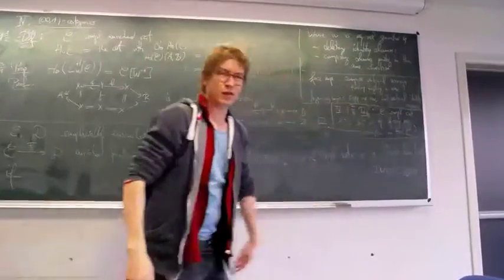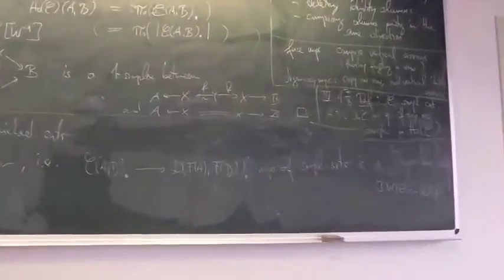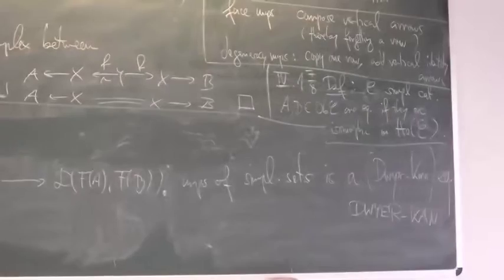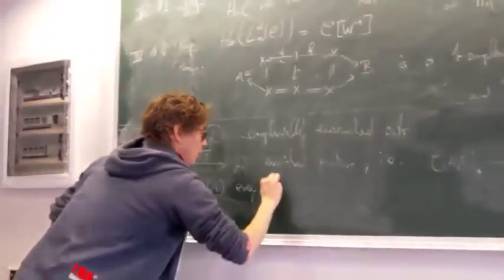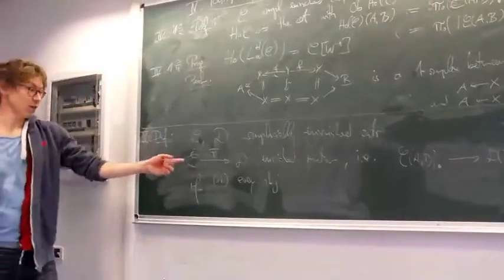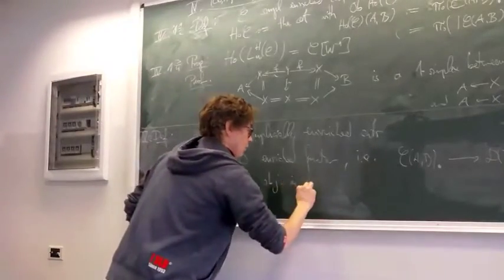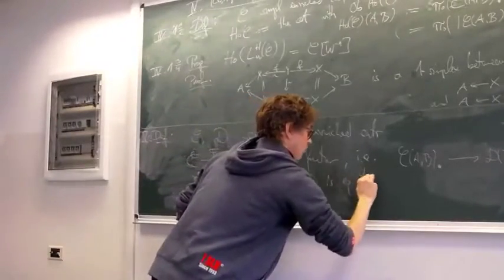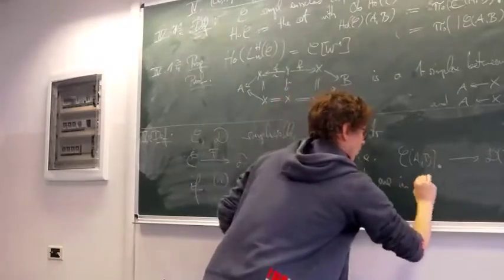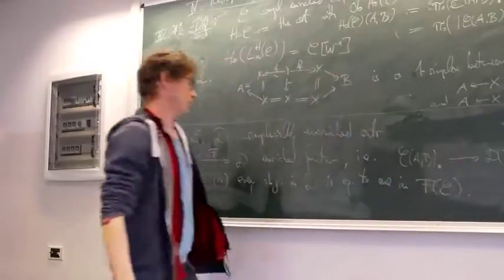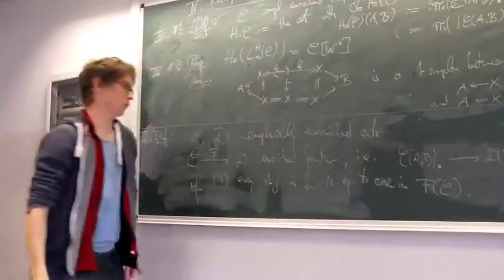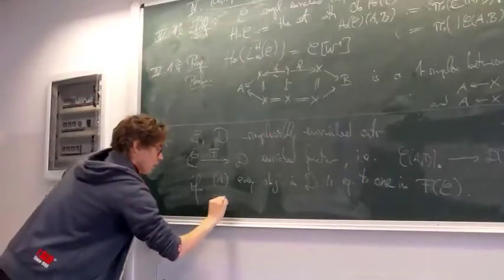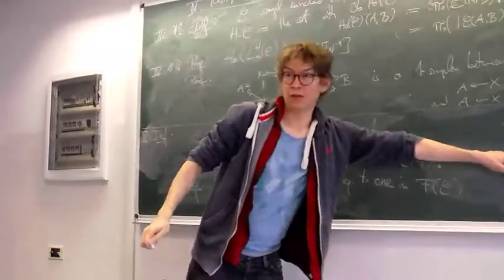Bousfield and Kan were the pioneers of this kind of infinity category theory. First, every object in D is equivalent to one in the image, and second, all of these maps are weak equivalences.